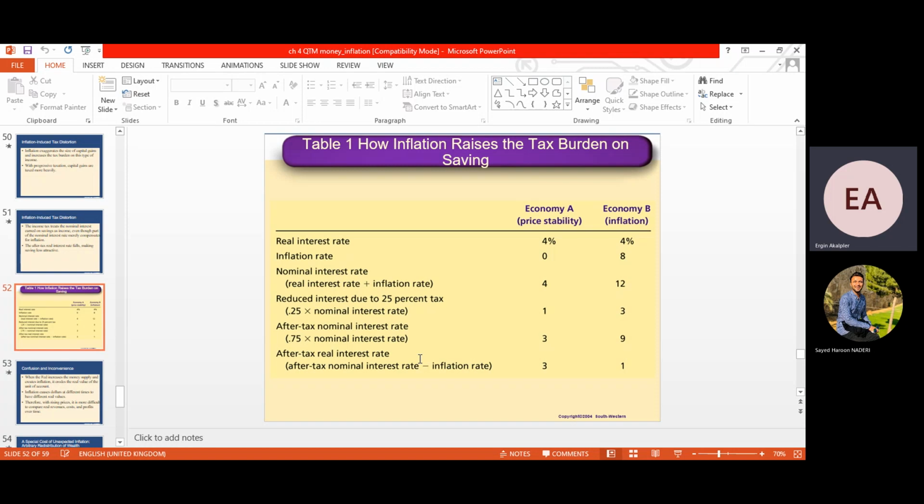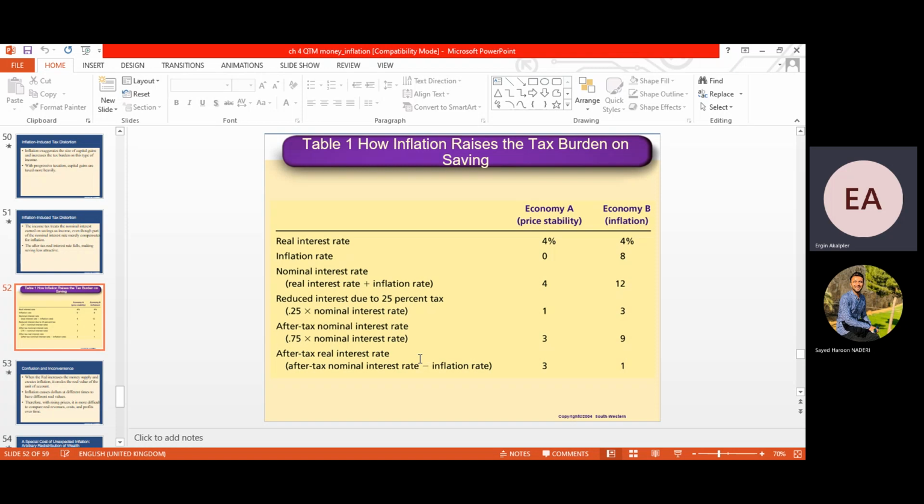Therefore, the after-tax nominal interest rate is 0.75 of 4, which is 3, for economy A, and for economy B it is 9%. The after-tax real interest rate is 3 for economy A, where prices are stable, and where the economy is not stable and there is inflation, the after-tax real interest rate is only 1%.